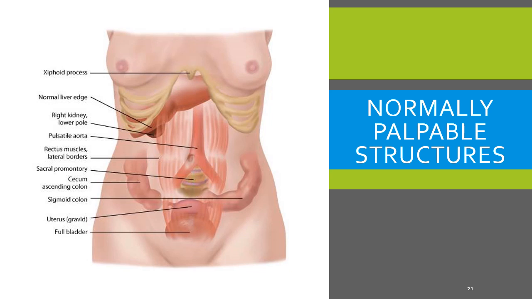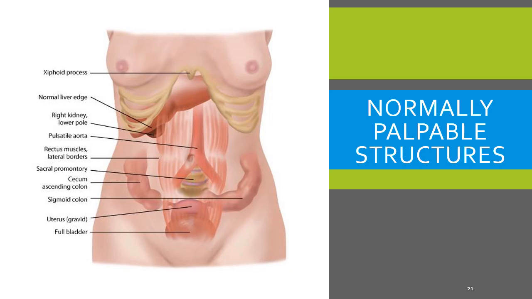If the person is thin enough, you might be able to palpate the aorta or feel the pulsatile movement of the aorta. And then the rectus muscles, the cecum, which is the beginning of the ascending colon, and then the end of the descending and sigmoid colon on the left-hand side.